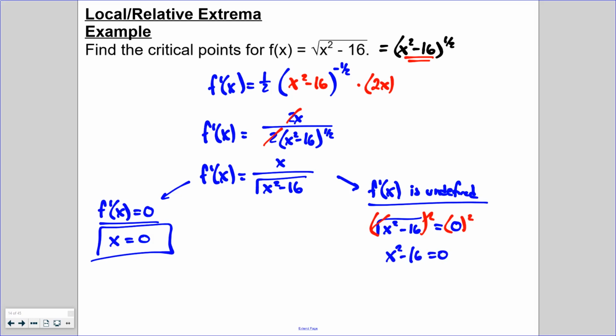We can add 16 to both sides, x squared equals 16. Then we need to get rid of the squared, so we'll take the square root, and we'll end up with x is equal to plus or minus 4. And there we have it. We have 3 critical points for the function, the square root of x squared minus 16.